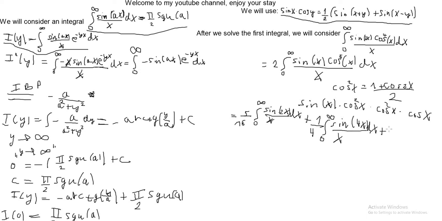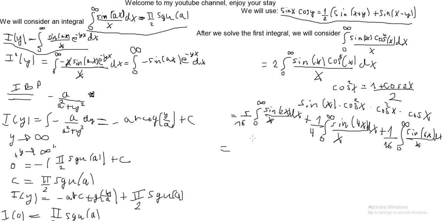And now we have the last one, and that's 1 over 16 times an integral from 0 to infinity of sine of 6x divided by x dx.